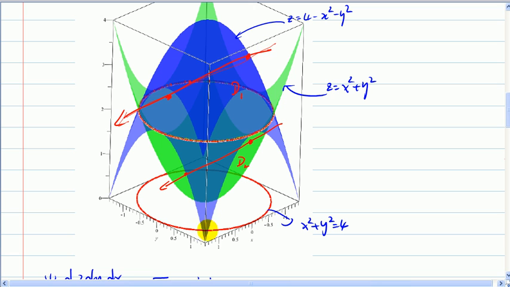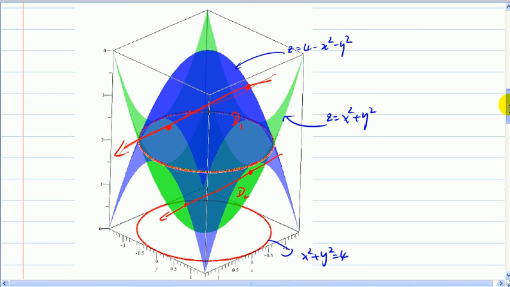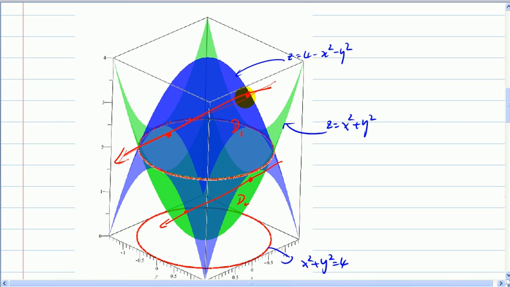D1 is here. You draw an arrow line in the x-axis direction. Your first contact is here and the second contact is over here. The upper portion of the egg is given by this. So you can rewrite x squared as z plus y squared minus 4.